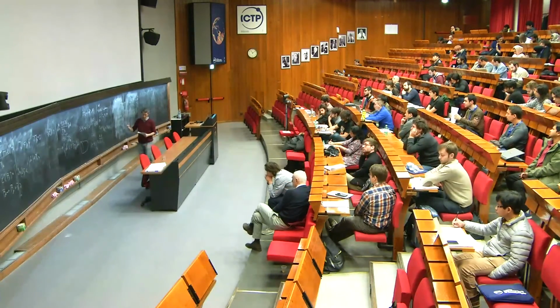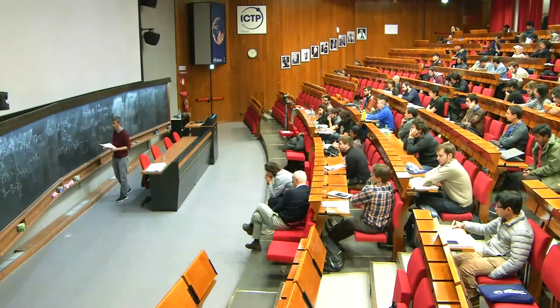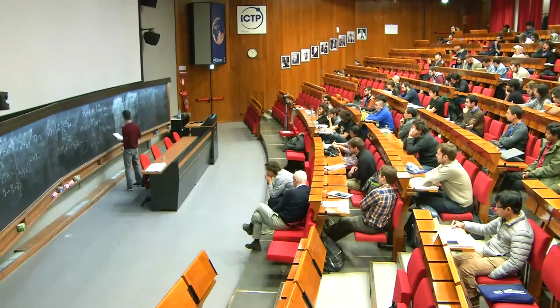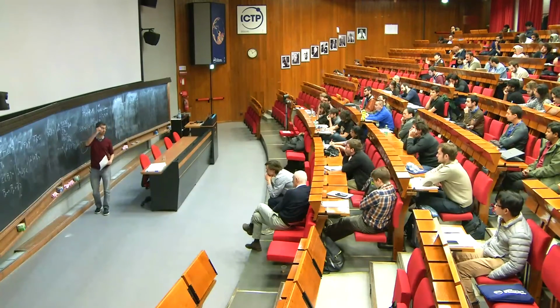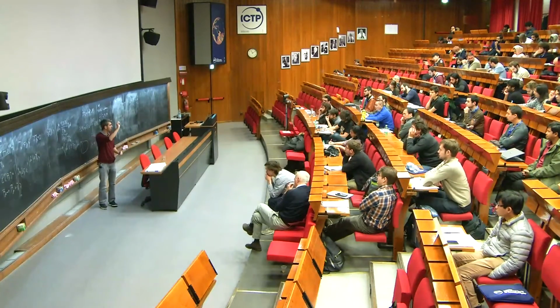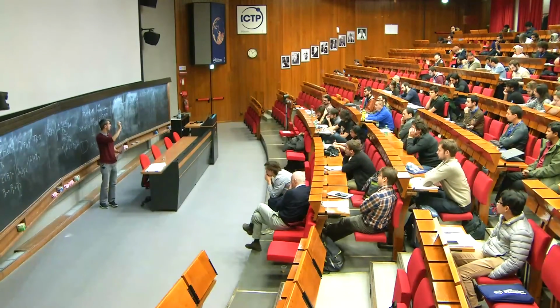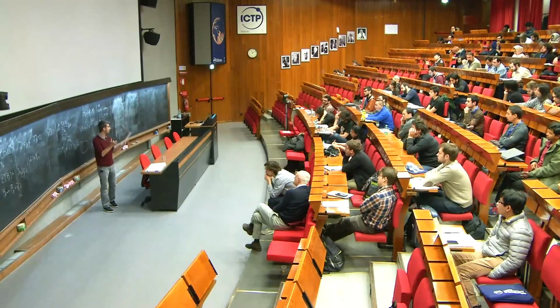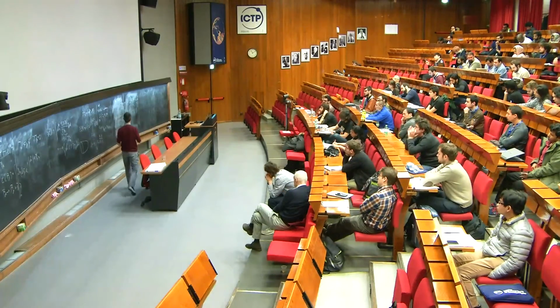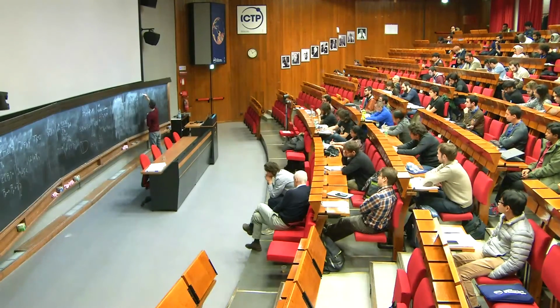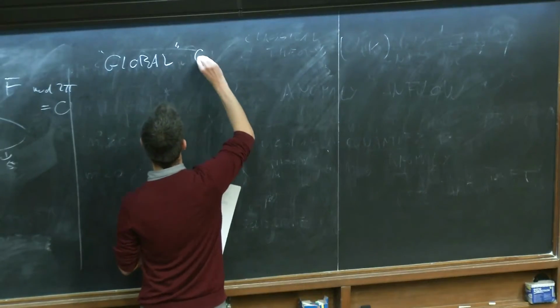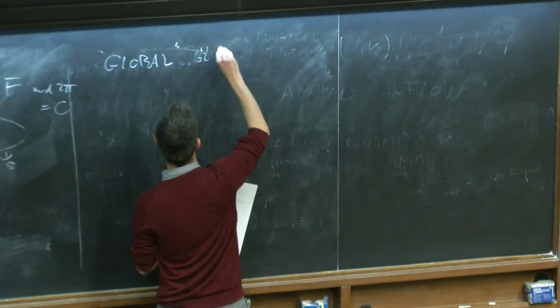So does it mean that we don't have anomalies? No, it's not true, because we can still have anomalies that are sensitive not just to the structure of the group close to the identity, when you do small variations, but to the global structure of the group. So we can call these global anomalies. Global Witten anomalies.